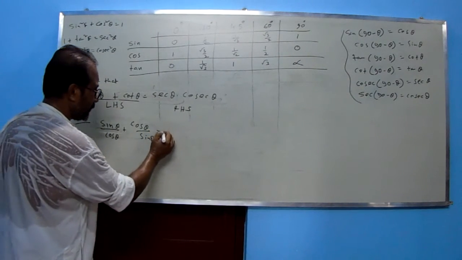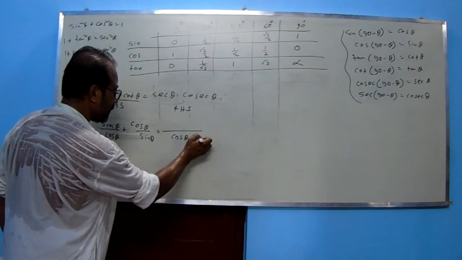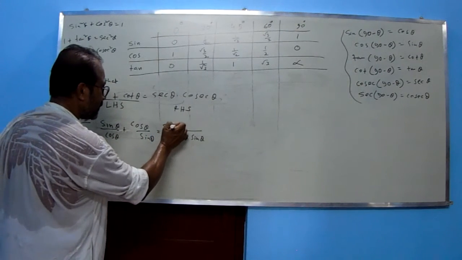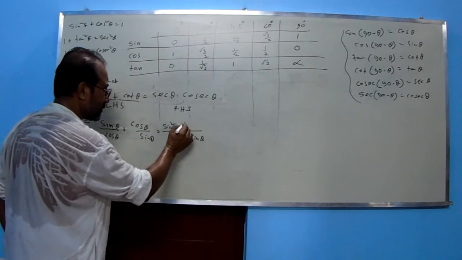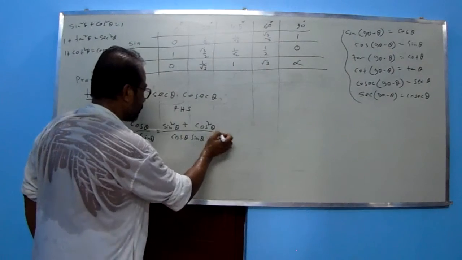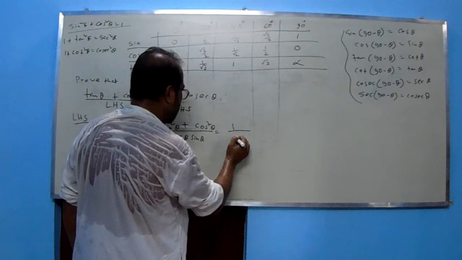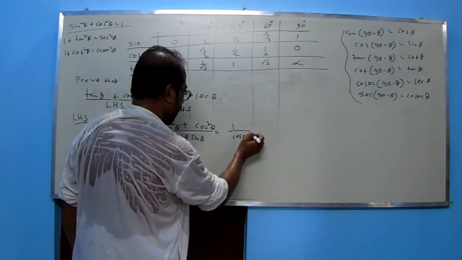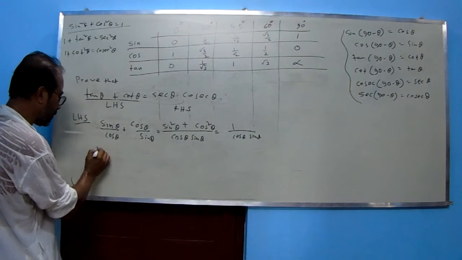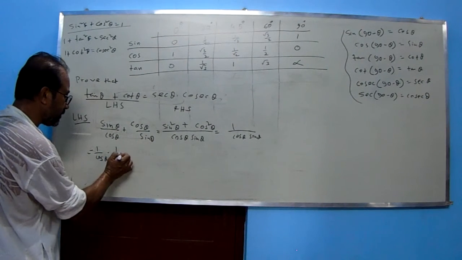The LCM would be cos theta into sine theta. So the numerator comes as sine square theta plus cos square theta, and sine square theta plus cos square theta is 1, as the formula says. So 1 by cos theta into sine theta can be written as 1 by cos theta into 1 by sine theta.